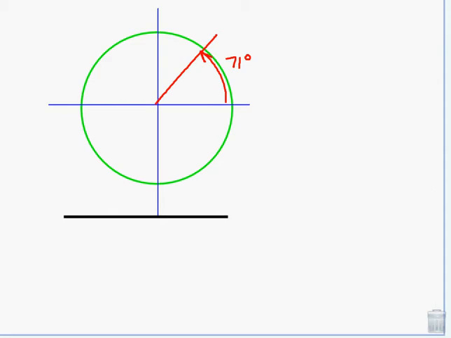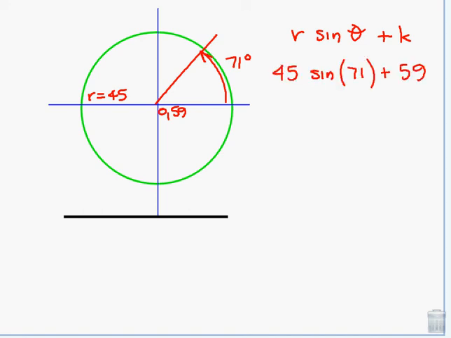So now that's enough to just simplify this whole picture down. I have basically an XY coordinate where I have a theta of 71, I've got an origin at 59, I've got a radius of 45, and since I only want the height, which is a y coordinate, I only need r sine theta plus k. Well, the r is 45, the sine of 71 is about 0.95, plus my 59, gives me 45 times 0.95 plus 59.